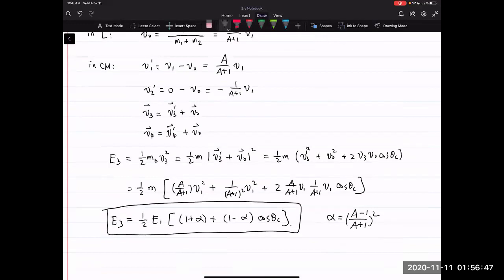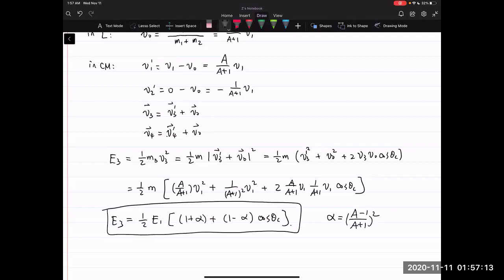Okay, so now with this, we are ready to talk about the energy distribution, the distribution of E3. For that, we need a little bit of probability. E1 is a known value, given the energy of the incident neutron, and we want to know the probability distribution of E3.